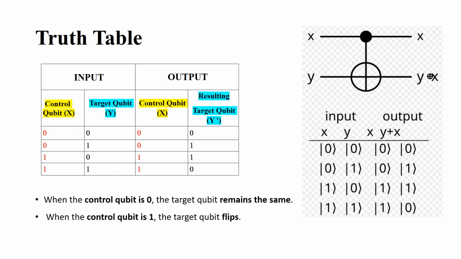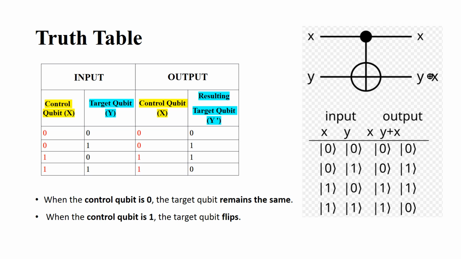The truth table of the CNOT gate and the symbolic representation of the CNOT gate is presented here. On the truth table, the input is given for control qubit X and target qubit Y. On the output, the control qubit has the same value as the input, whereas the target qubit remains the same or flips depending upon the control qubit.